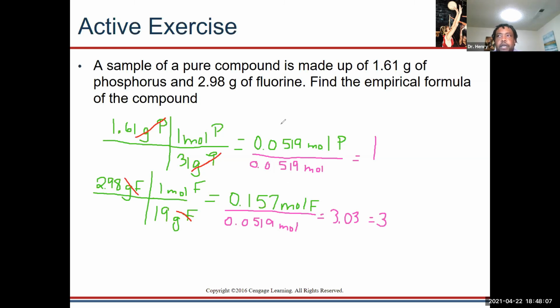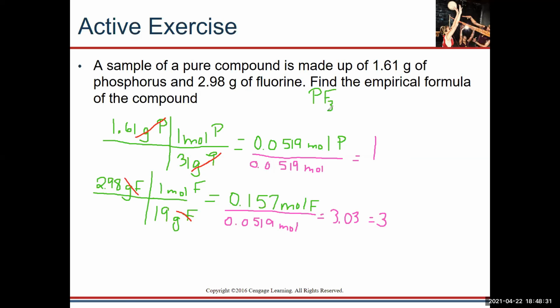Then my chemical formula is going to be PF3, because there's 1 phosphorus and 3 of the fluorine.